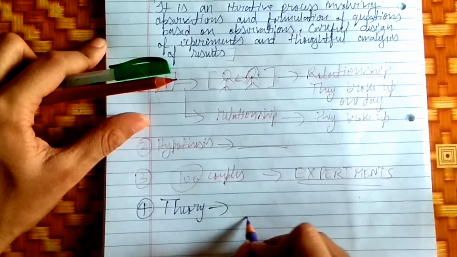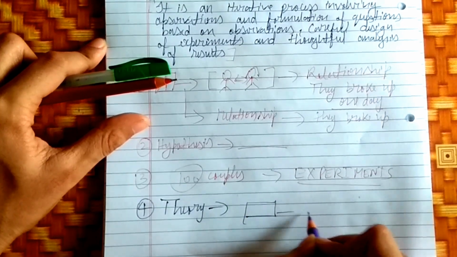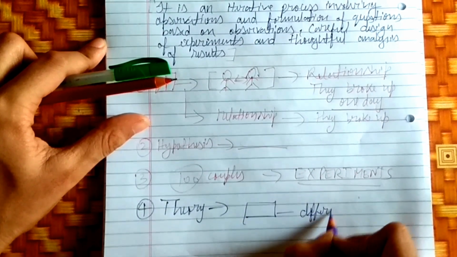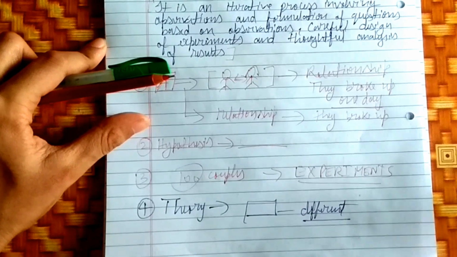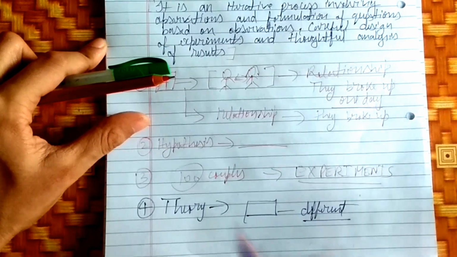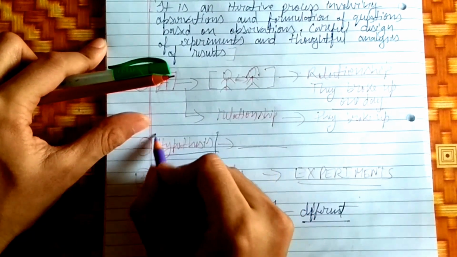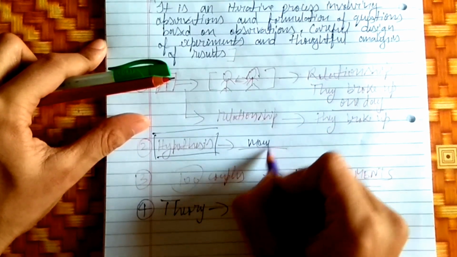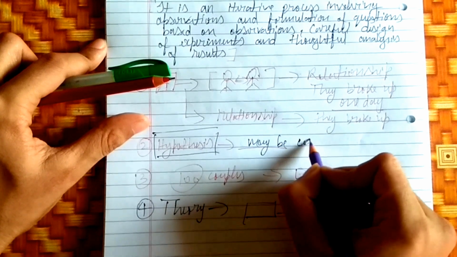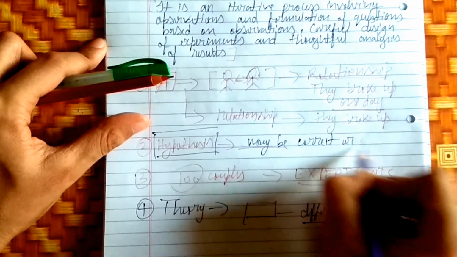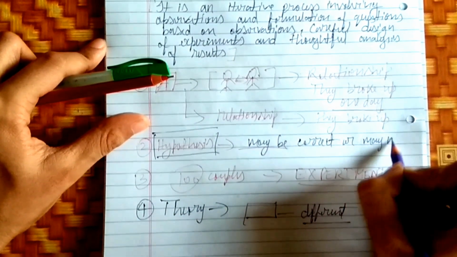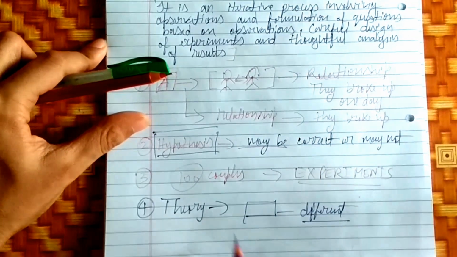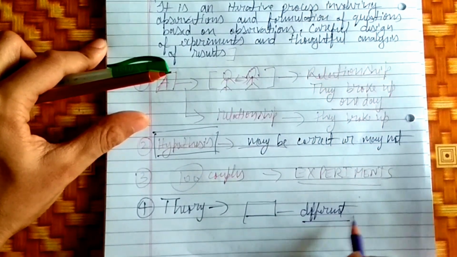This was the theory, and the time span may be different. This theory was developed by person A. The interesting fact about a hypothesis is that it may be correct or may not be correct, but the theory is correct because it is backed by these experiments.